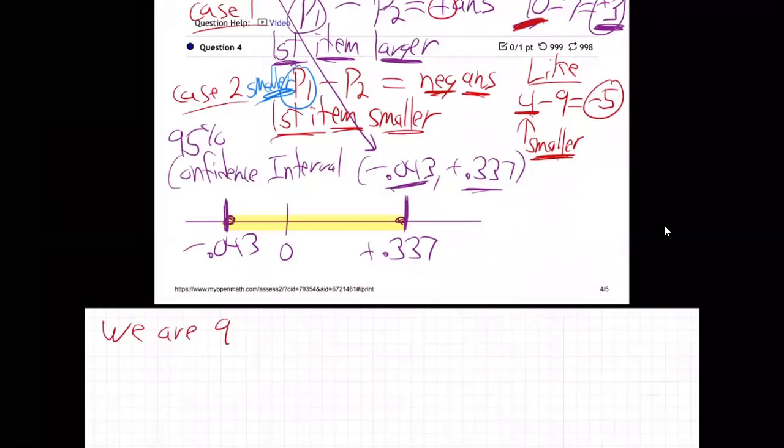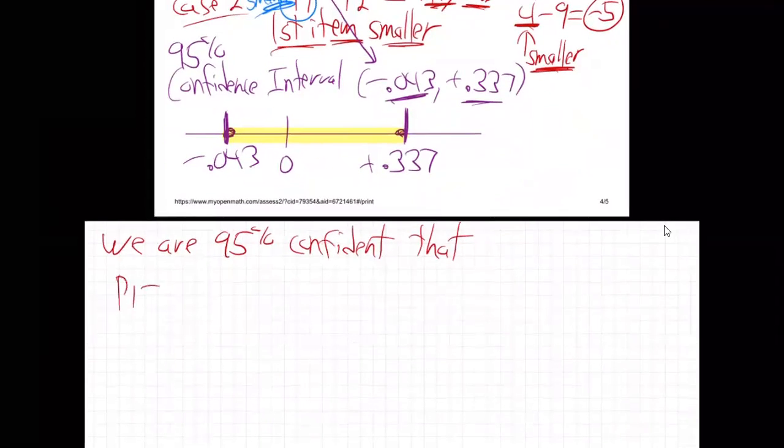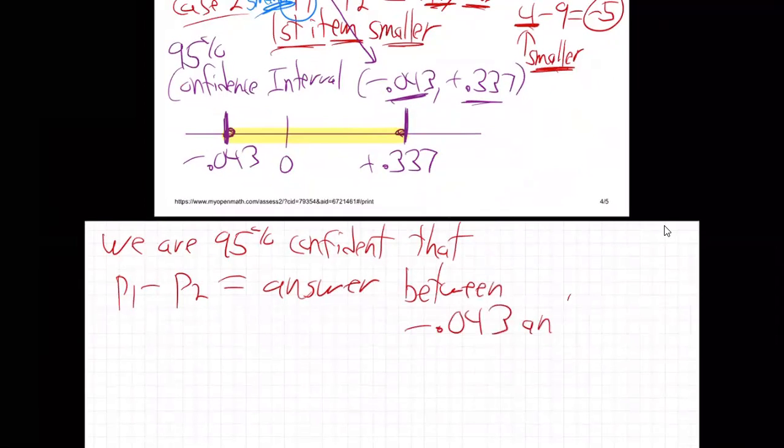We are 95% confident that P1 minus P2 equals an answer between negative 0.043 and positive 0.337. This is a 95% confidence interval, and that's our interval.